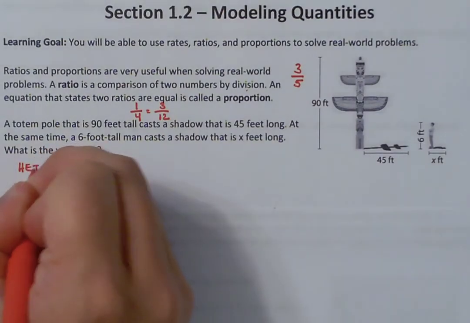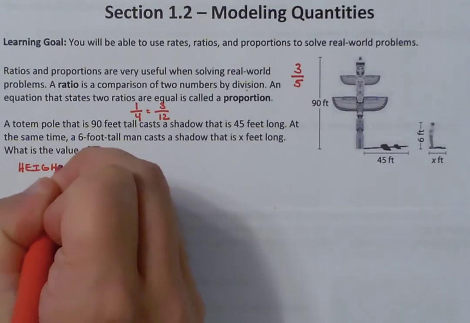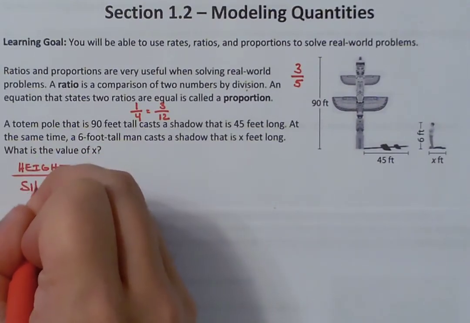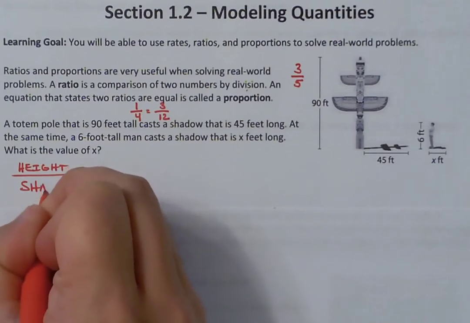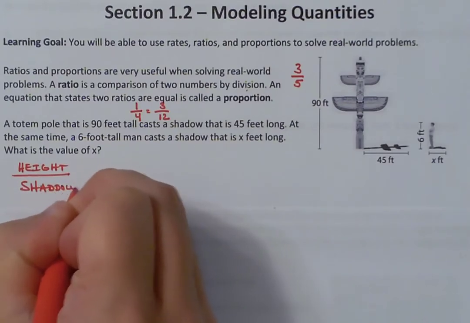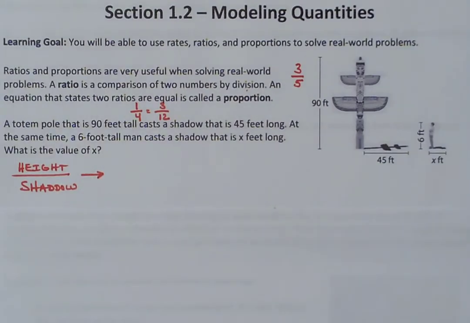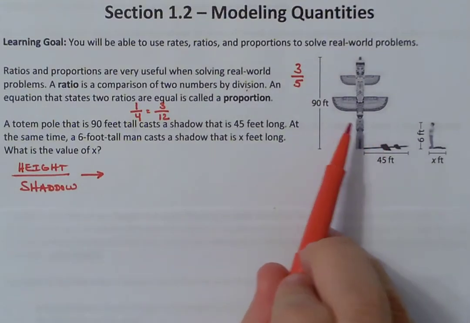So the top part is going to be the height of the totem pole, or the height of the man. And the bottom part of each of our ratios is going to be the shadows. So, following that format, that's how I'm going to set up my proportion for this problem. So if it's height over shadow, let's start with the totem pole.